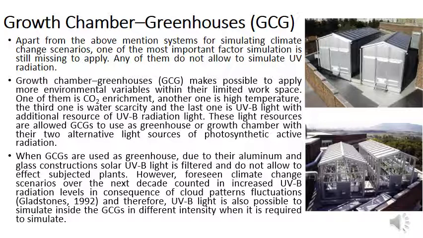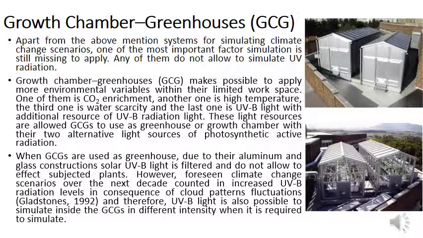GCGs make it possible to apply more environmental variables within their limited workspace. One of them is carbon dioxide enrichment, another is high temperature, the third is water scarcity, and the last one is UVB light, with an additional source of UVB radiation.